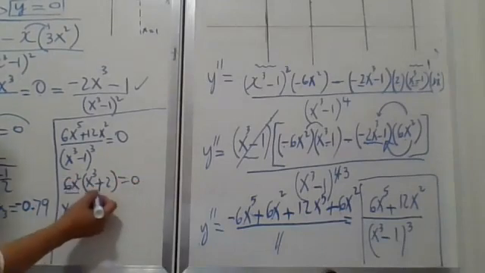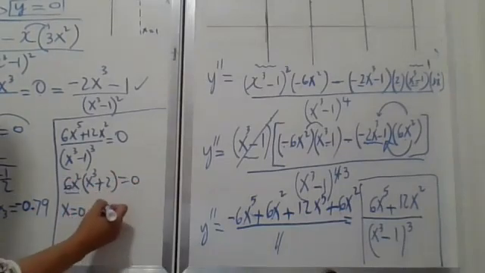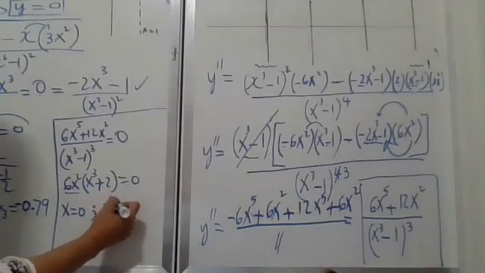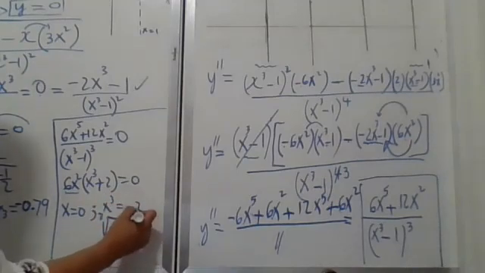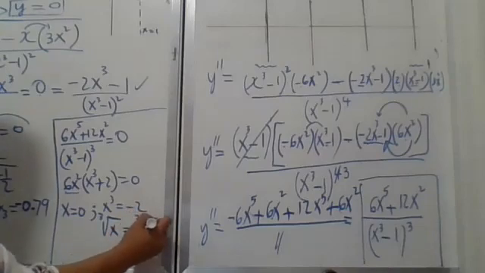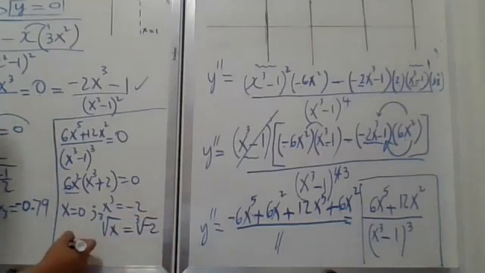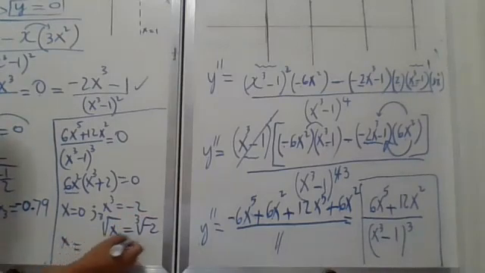The first bracket, the second bracket will give us x to the power 3 equal minus 2. And we take the third root of it to get down to x. So the third root of minus 2, x will be equal minus 1.3.